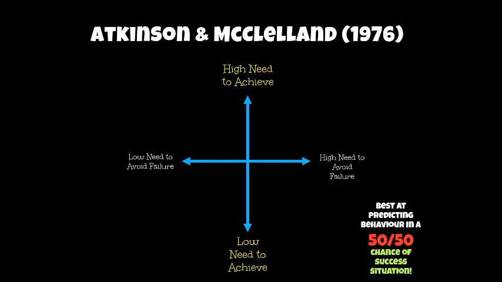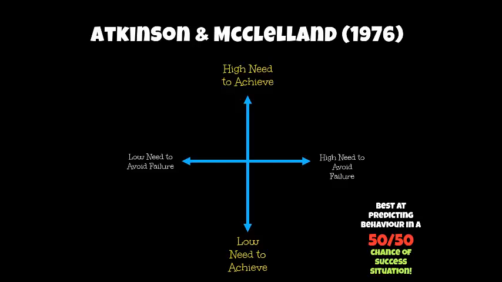If on the diagram you were classified as a high need to achieve individual, such as Atkinson and McClelland identified, you would be more competitive to go and get that ball, claim it and win it back. It wouldn't be to say that you'd always win the ball, but you'd be more inclined to go and do that.